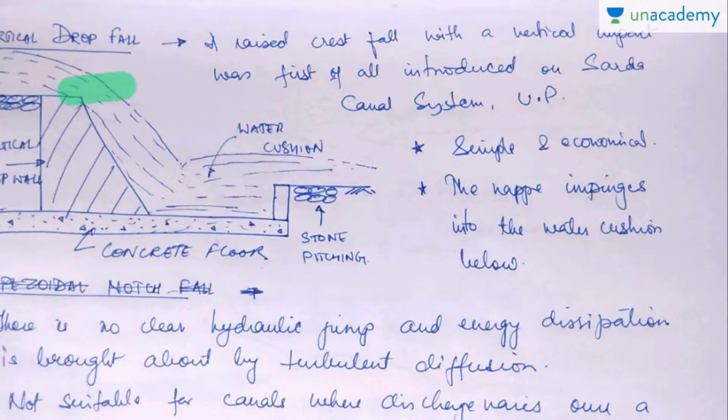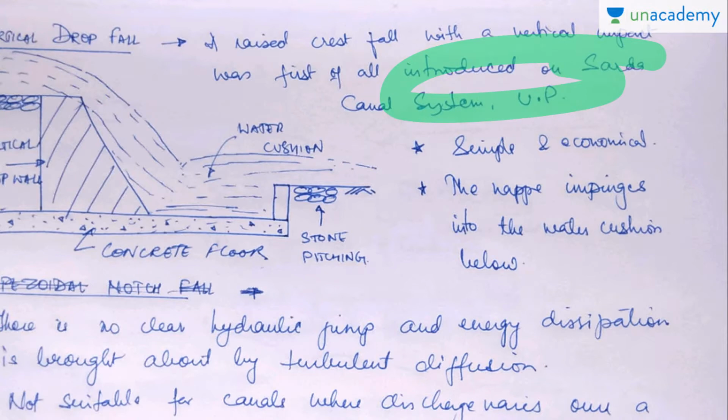In vertical drop fall, a raised crest falls with a vertical impact, and this type of fall was first of all introduced on Sarda Canal system in UP. So vertical drop fall is also known as Sarda type fall.